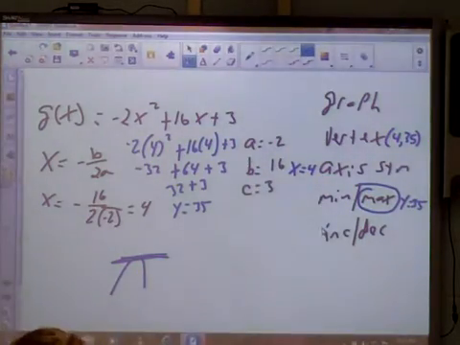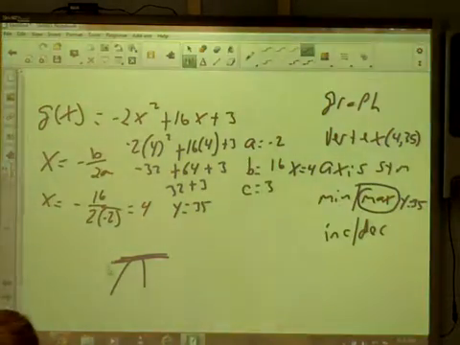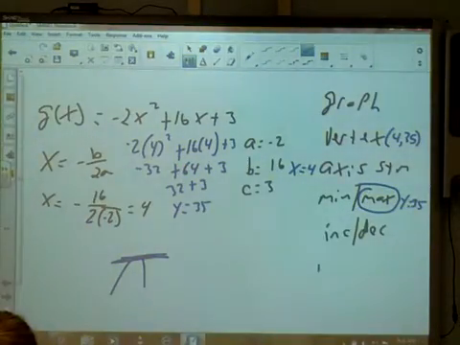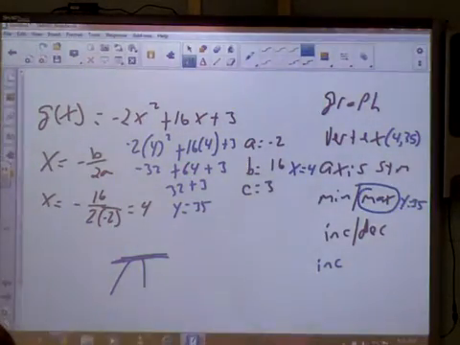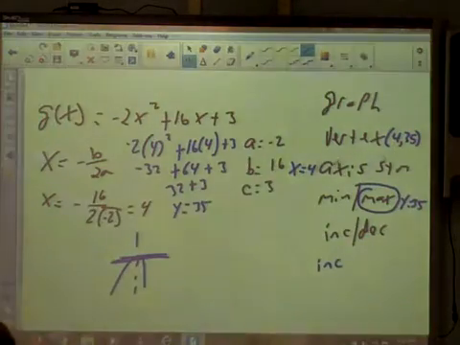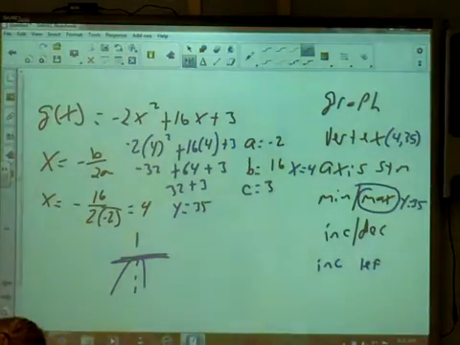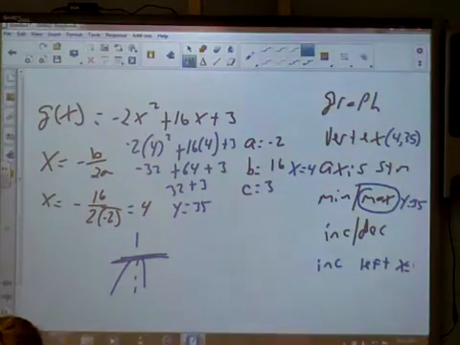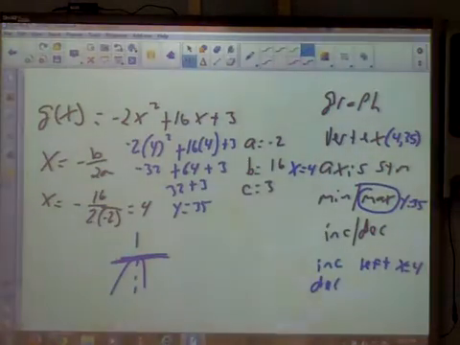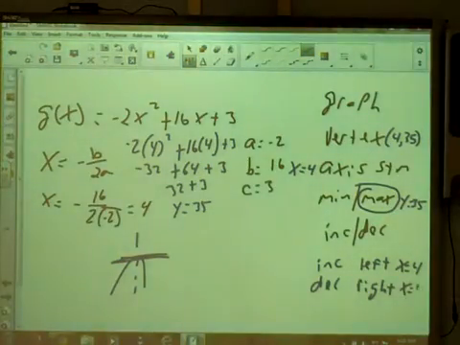Okay, so increasing and decreasing now. This thing goes up first, so it's going to be increasing everything to the left of x equals 4, that's my axis of symmetry. And then it goes downhill after 4, so it'll be decreasing everything from the right of x equals 4.